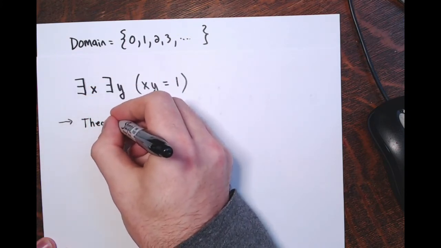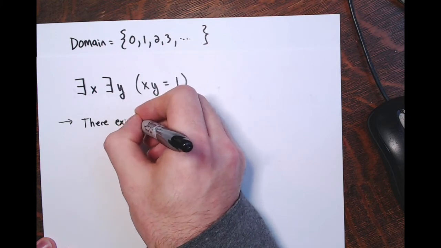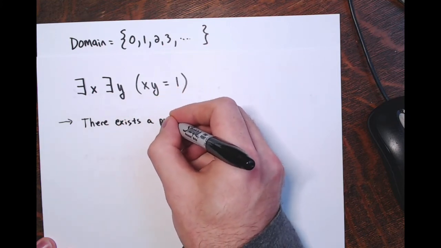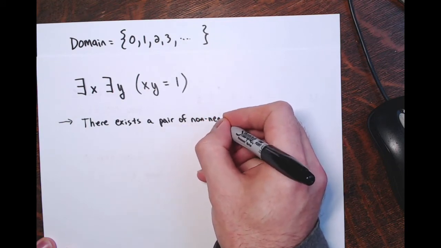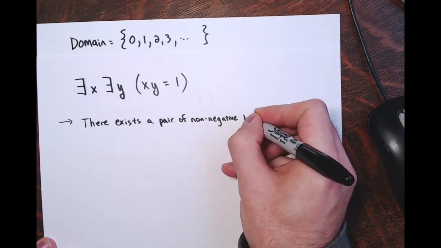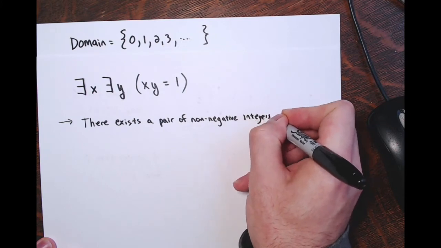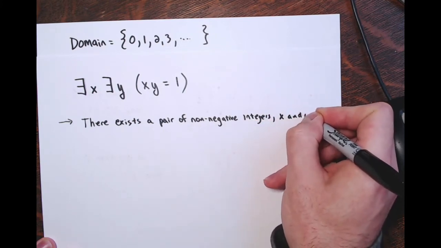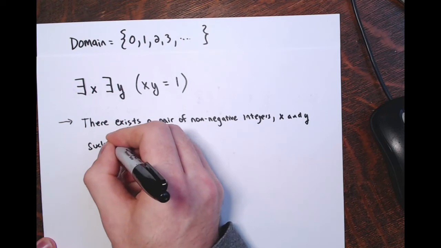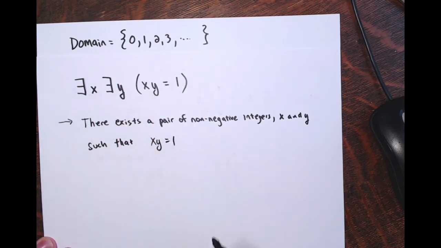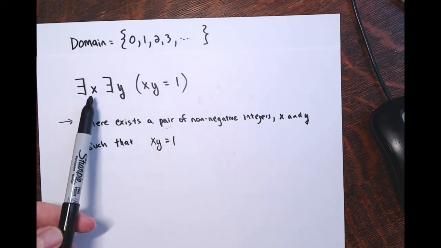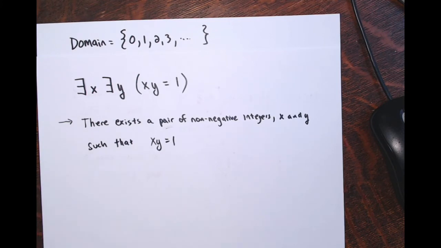So there exists a pair of non-negative integers, x and y, such that x times y equals 1. Now again, when I say a pair of non-negative integers, x could be any non-negative integer, y could be any non-negative integer, so x and y can be the same number.